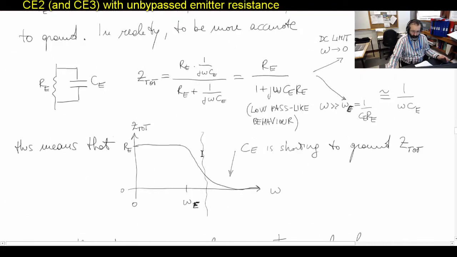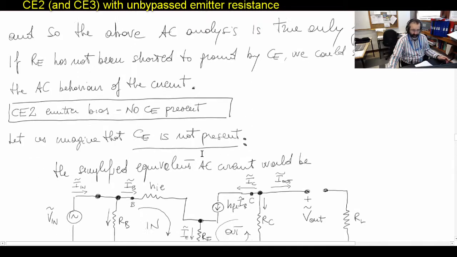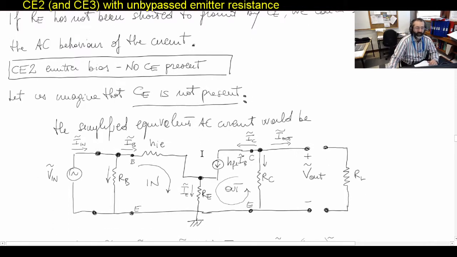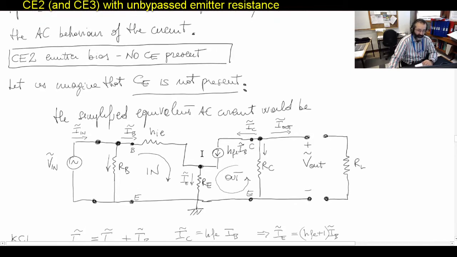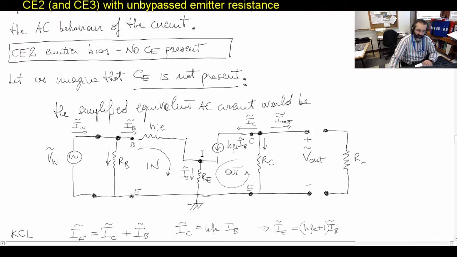Let's have a look at this nice curiosity, but it's very important as we will see in a moment. Let us imagine that CE was not present. The AC circuit now would have RE on the emitter.